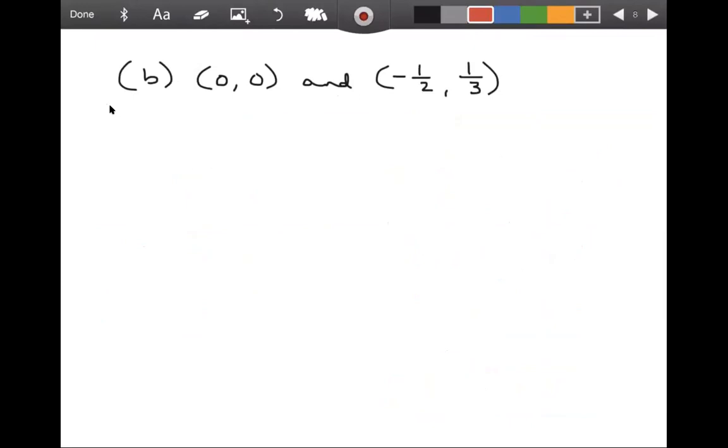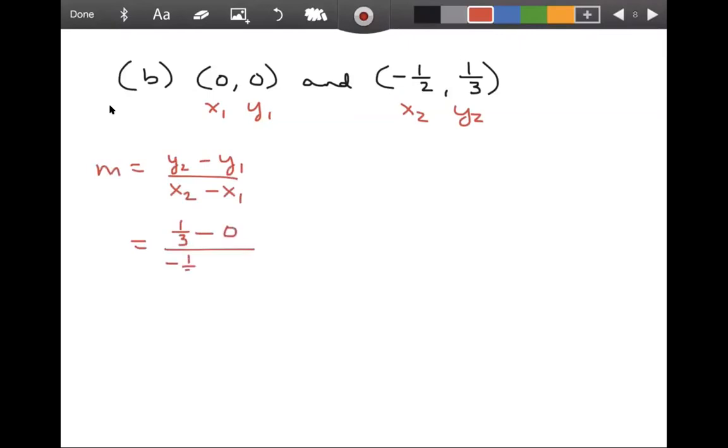All right, so if we call this point x1, y1, call this point x2, y2, using our slope formula, y2 minus y1 over x2 minus x1. We get 1/3 minus 0 divided by negative 1/2 minus 0. 1/3 minus 0 is 1/3.